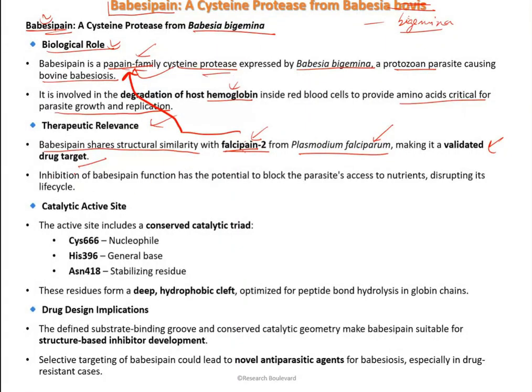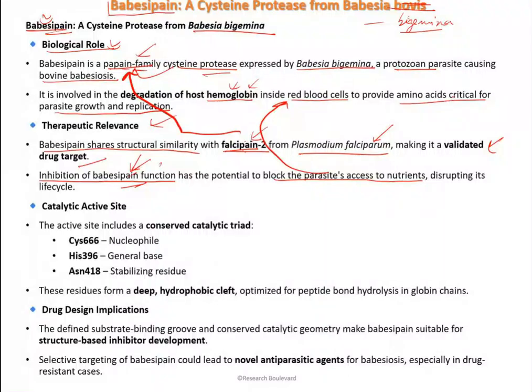What we are trying to do is inhibit the function of this cysteine protease enzyme, Babesipain, which has the potential to block the parasite's access to nutrients. If you inhibit this enzyme, it won't be able to break down the blood cells or hemoglobin.